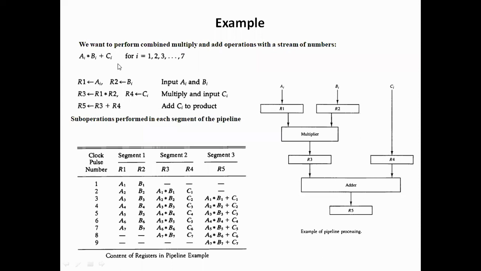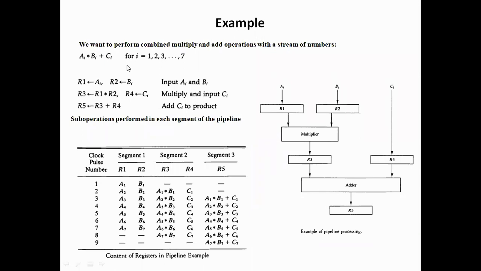So in total, we have 7 operations that are to be performed on different numbers. For such operations, we can use the concept of pipelining, which will make the system more efficient, and the processing time will decrease. The total processing time of all these 7 operations will be less.